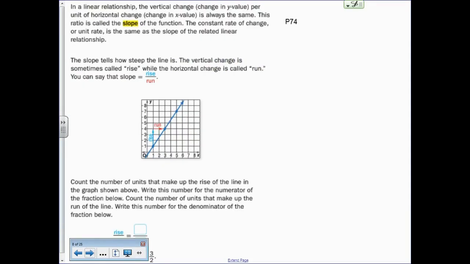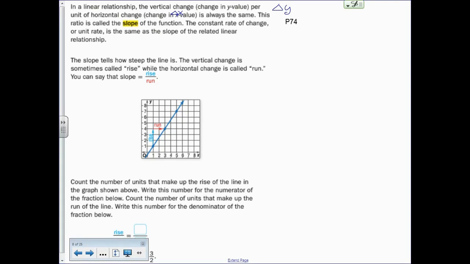In a linear relationship, the vertical change in y, which remember we're going to show by a triangle y, per unit of horizontal change in x, which we will use triangle x, is always the same. This ratio is called the slope of the function.